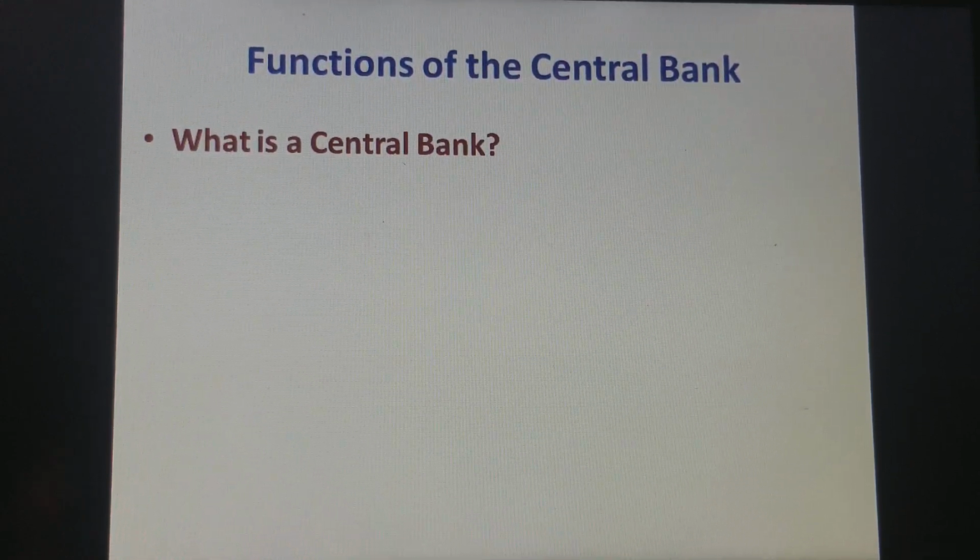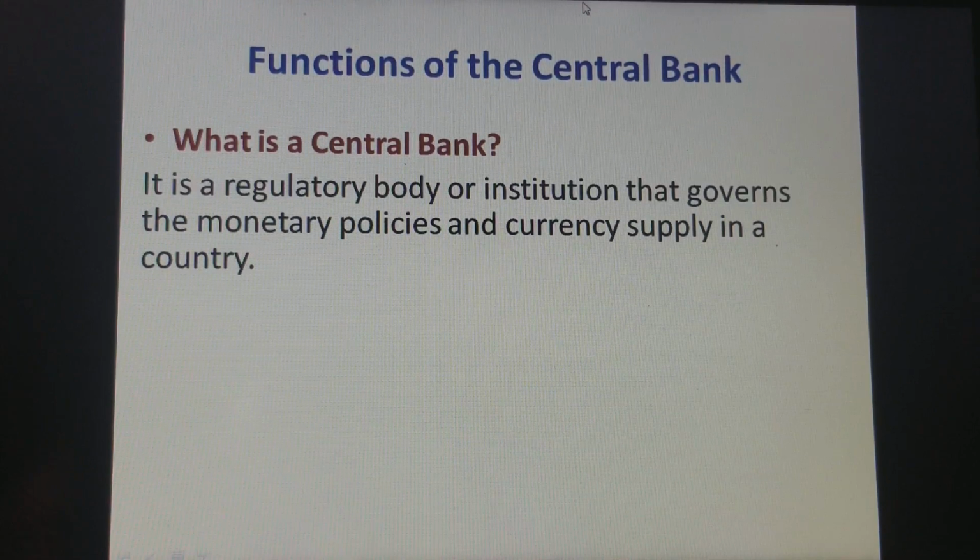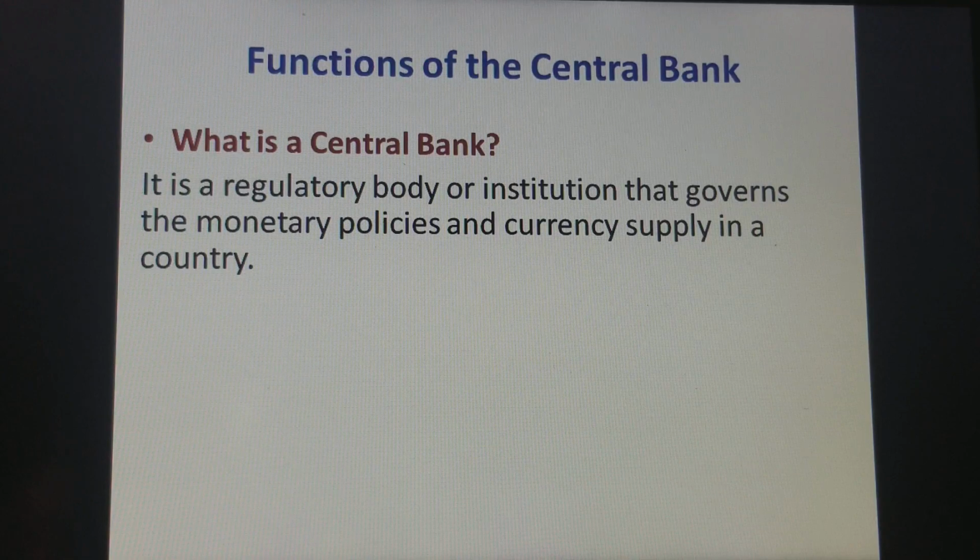Now let's move to deal with the central bank. Now, what is a central bank? It's a regulatory body. In other words, the bank will regulate.